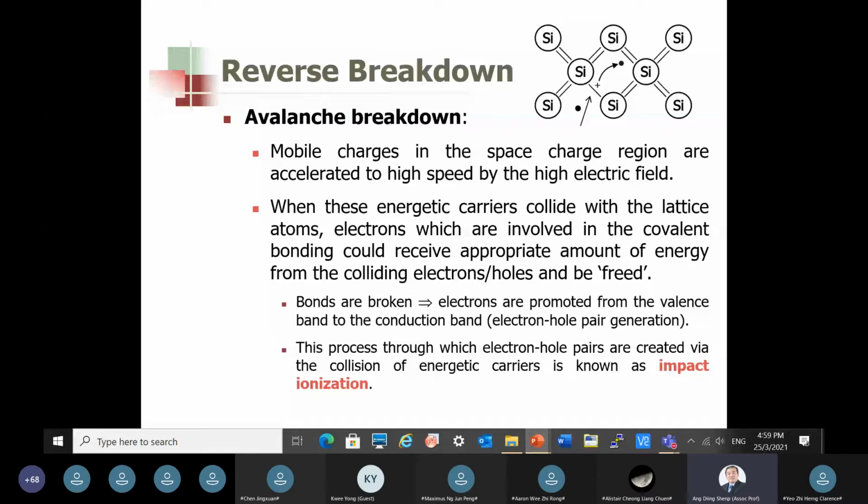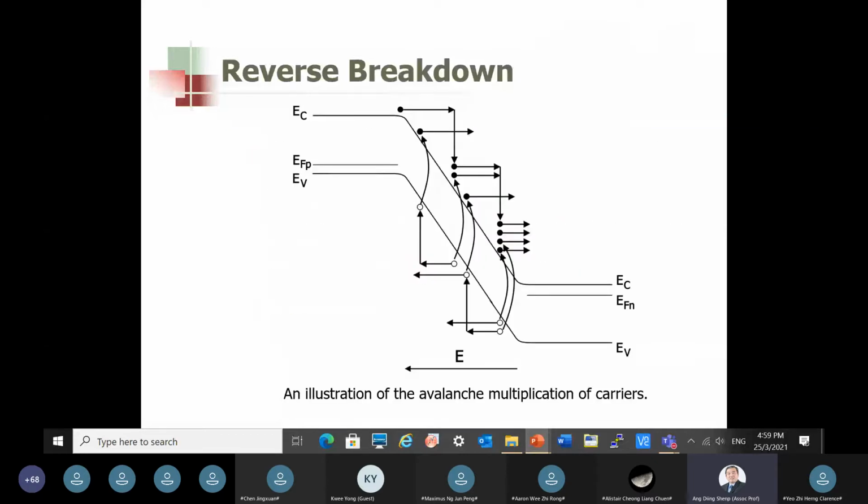Since this is the case, holes in principle can also be accelerated to very high energy, because it's valence electrons that are moving. So the valence electrons within the valence band can also be accelerated to high energy, causing impact ionization.